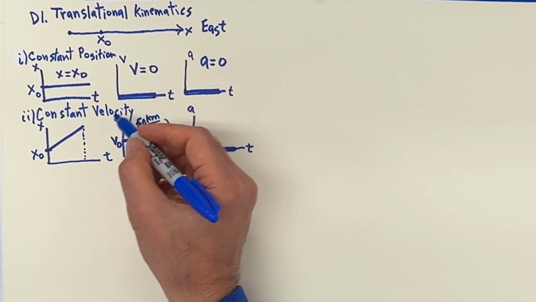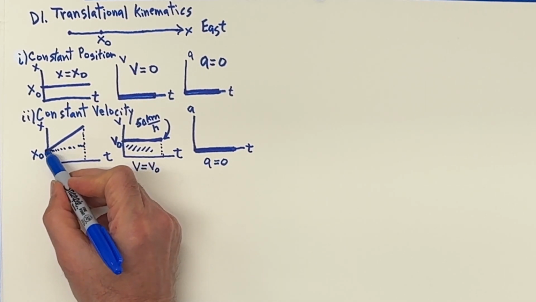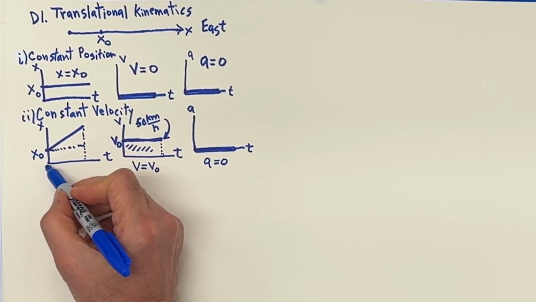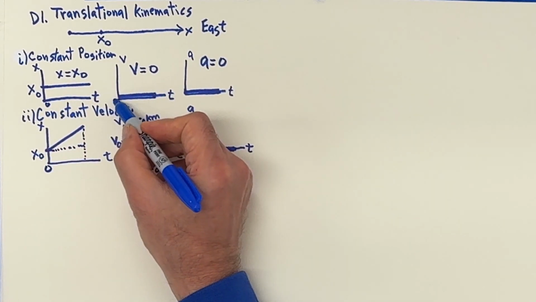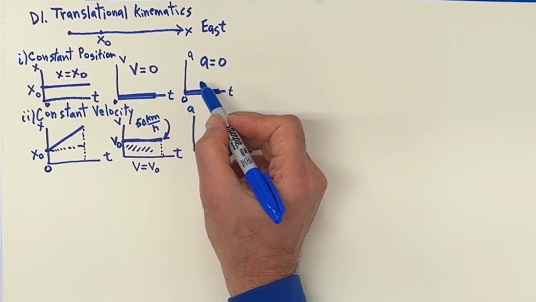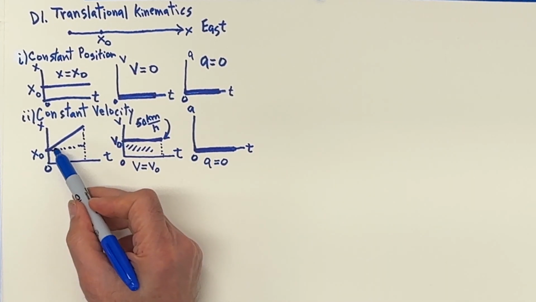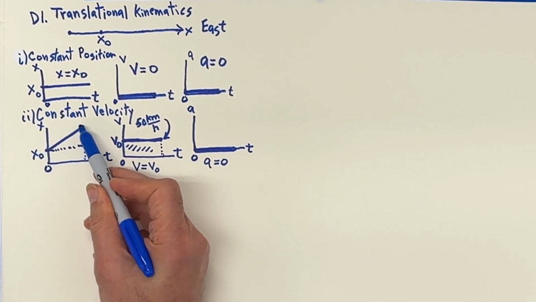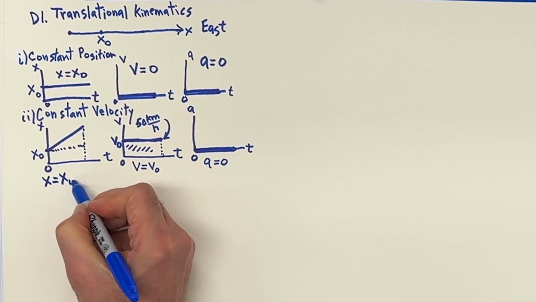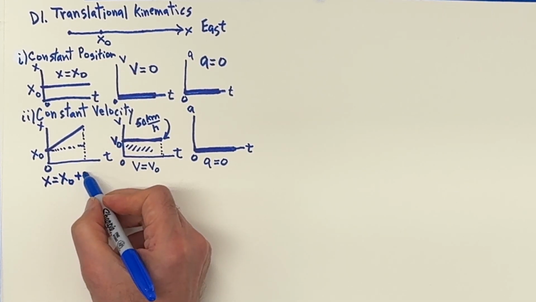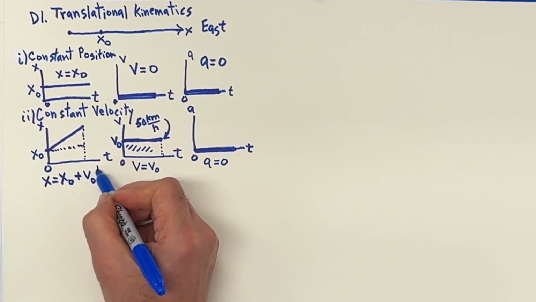So that means over here, we start out at x equal x naught. This is time equal to 0. We can put a little 0 down there. The origin. So this graph here is going to be x is equal to x naught plus the initial velocity, v naught, times t.